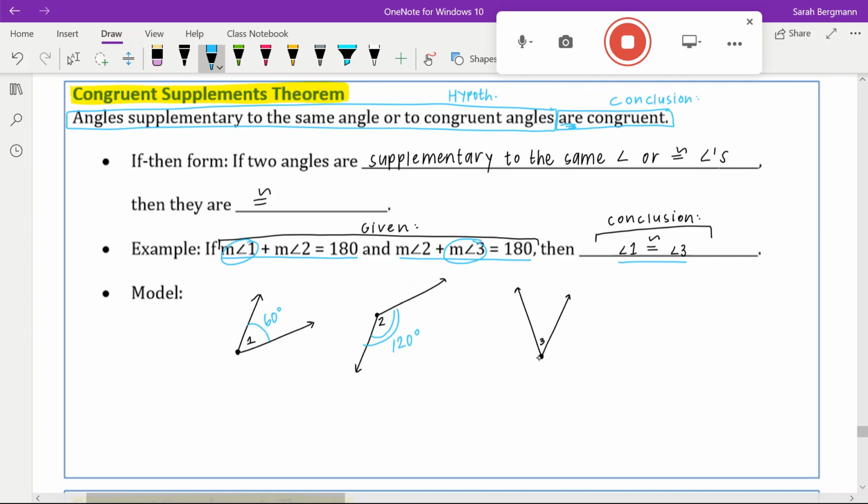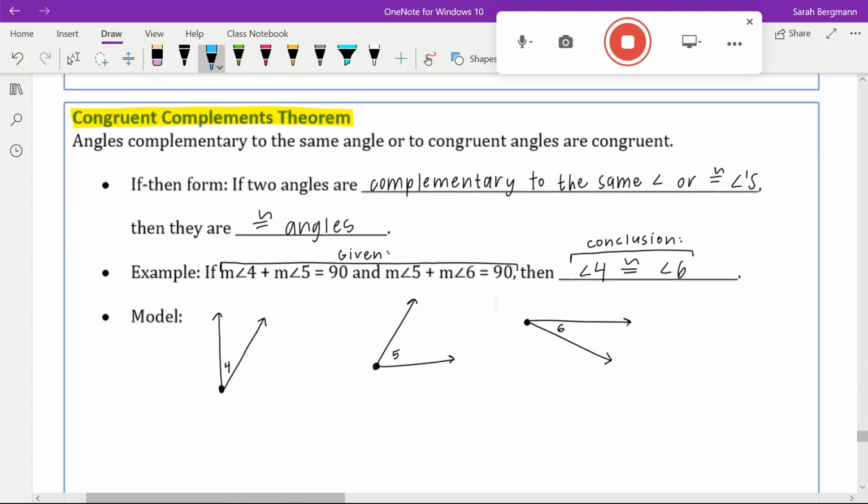So I know the measure of angle 2 plus the measure of angle 3 has to add up to 180. There's no other possibility for the measure of angle 3 other than 60 degrees. Therefore, angle 1 and angle 3 must be congruent. There's no other possibility. If they're both supplementary with angle 2, then angle 1 and angle 3 both have to be congruent.